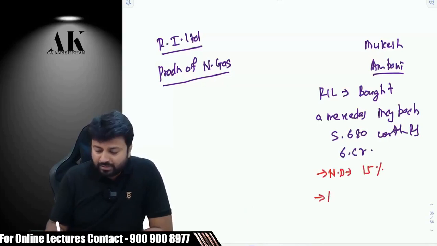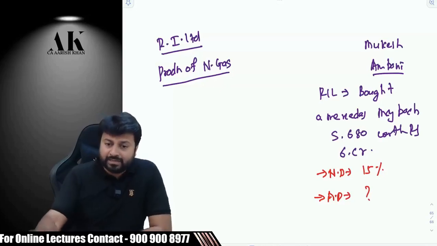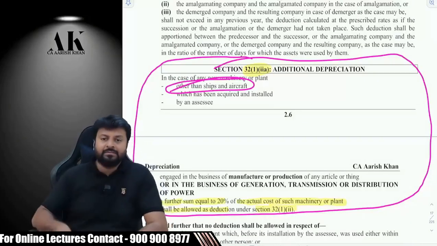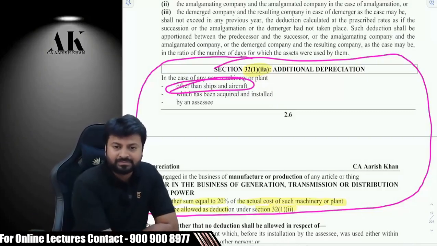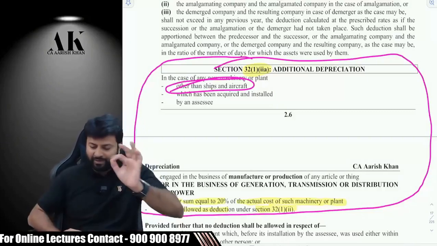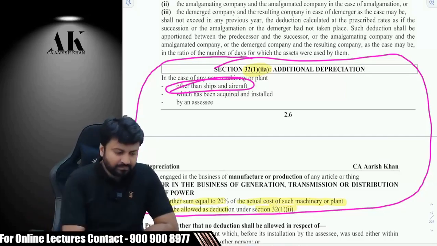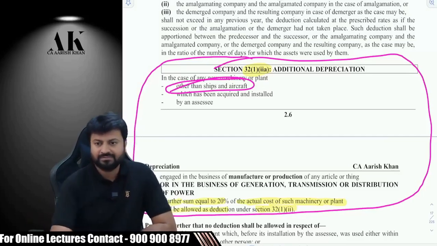My question to you all is whether he will get additional depreciation of 20%. Listen to me, don't answer so fast. By reading the main provision, please, you have to go line by line.